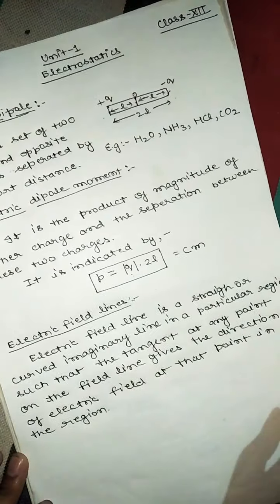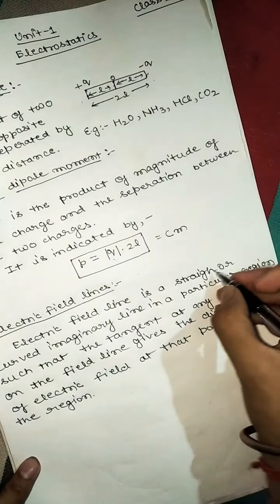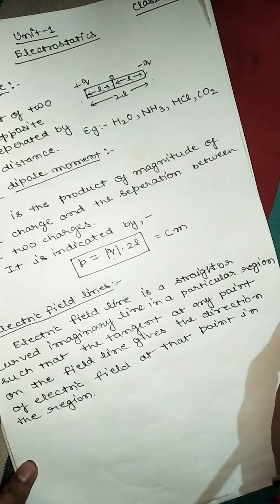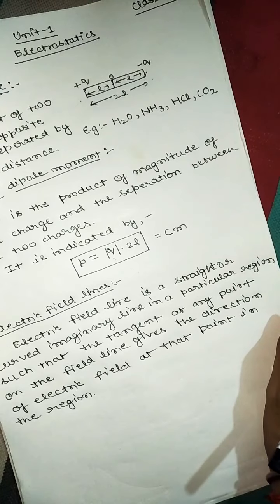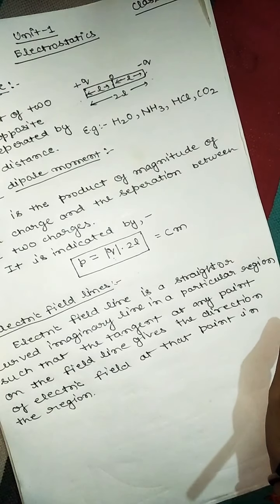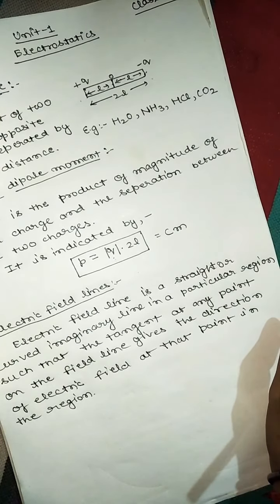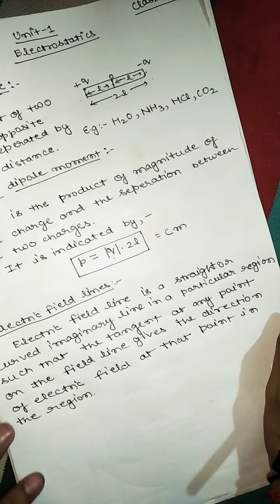So we can conclude that electric field lines are straight or curved imaginary lines in a particular region such that the tangent at any point on the field line gives the direction of the electric field at that point.